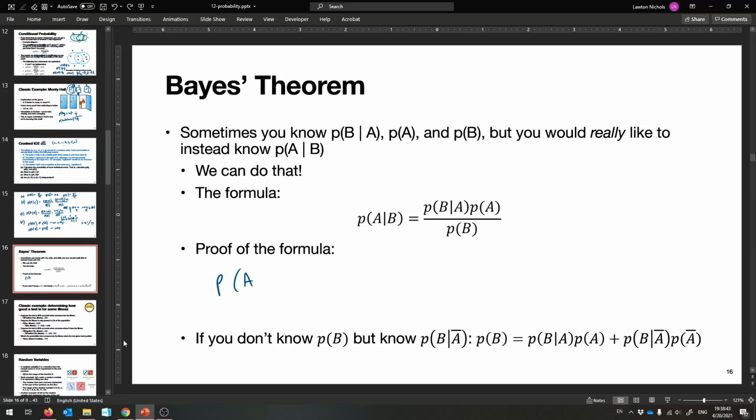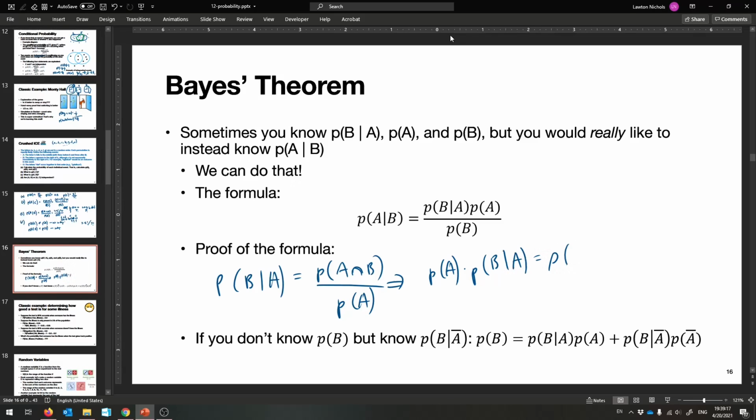P of B given A is equal to the probability of A and B over the probability of A. And so in order to solve for the probability of A and B, we can just bring this over to that side. So that gives us P of A times P of B given A equals P of A and B, A intersect B. And we can use this in this formula.